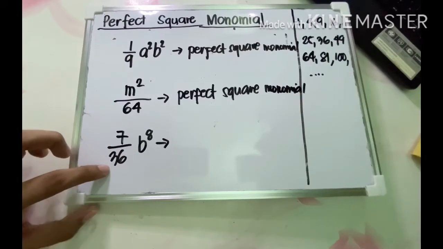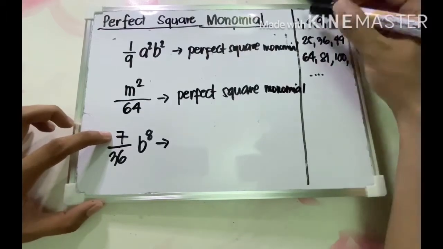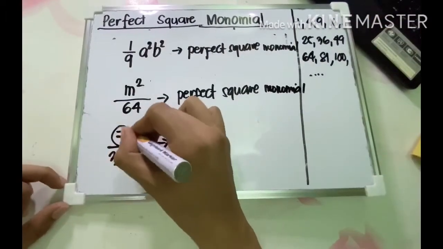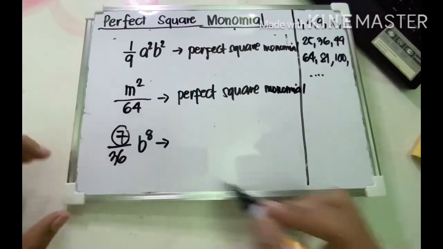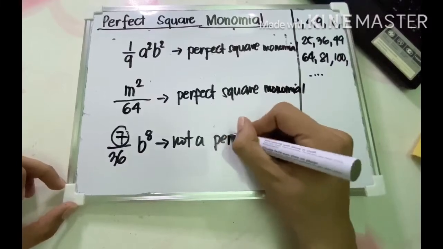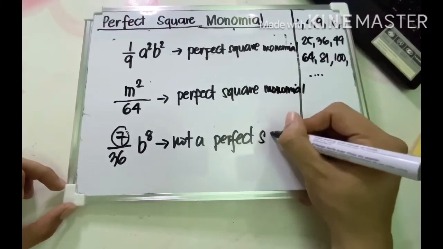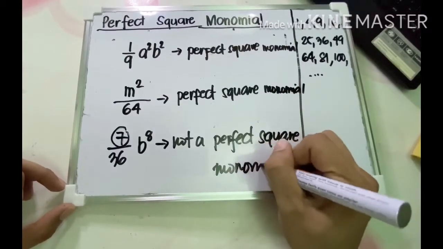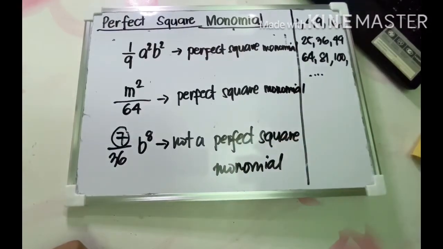So 36 is fine, but here you cannot see 7 as a perfect square. So therefore, this 7 makes the monomial not a perfect square. So it is not a perfect square monomial.